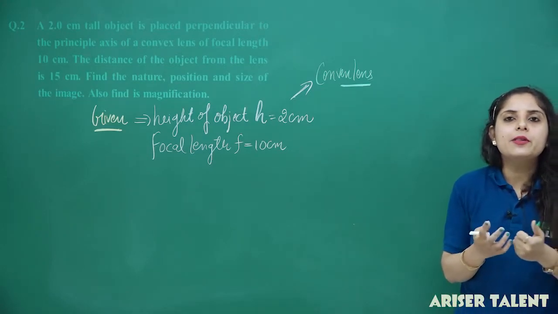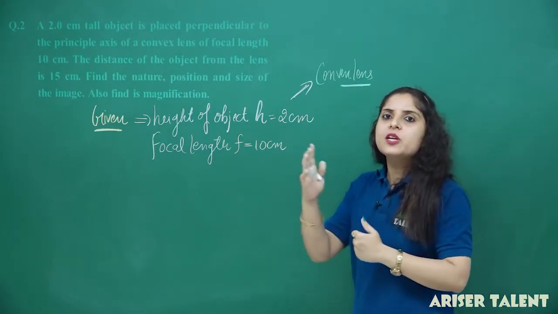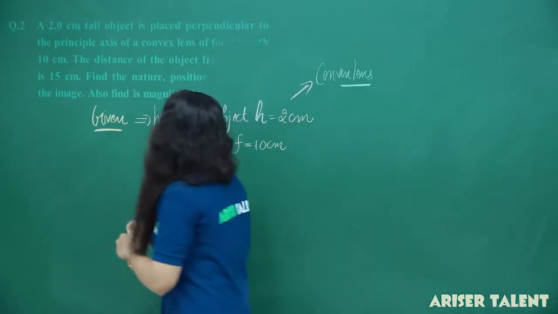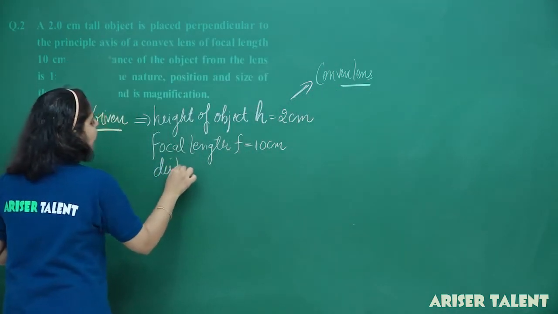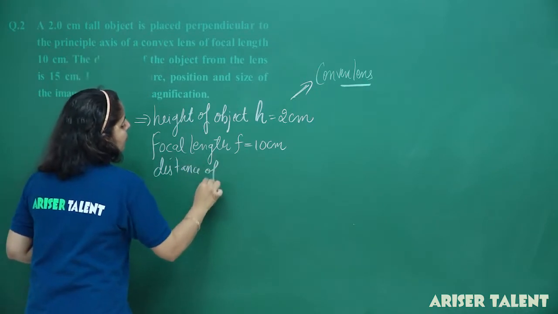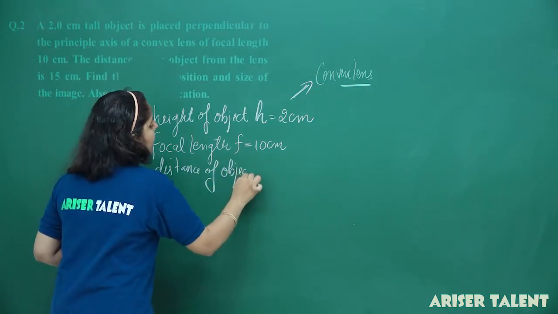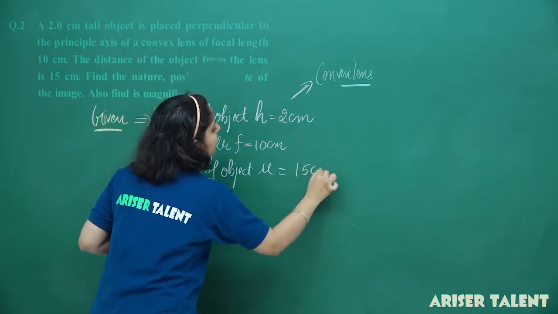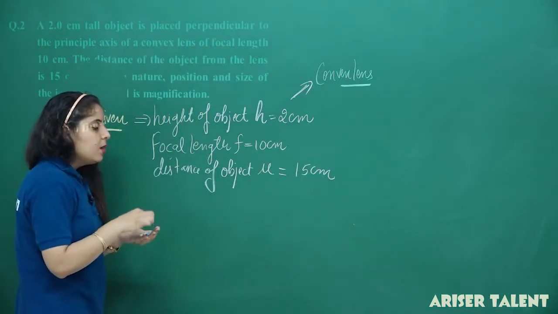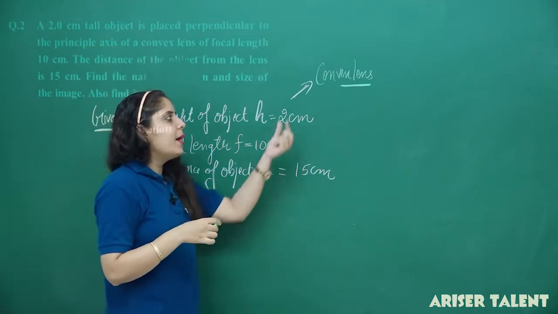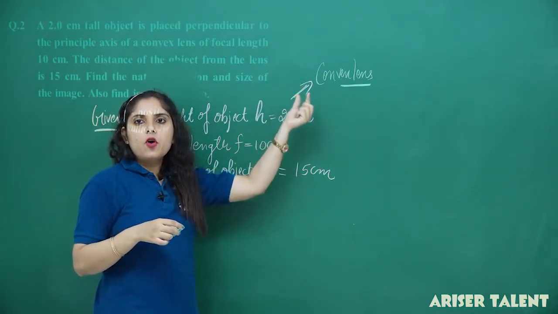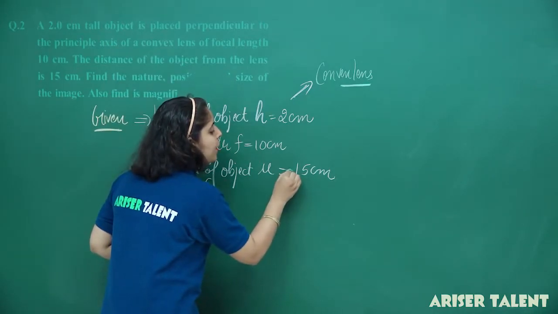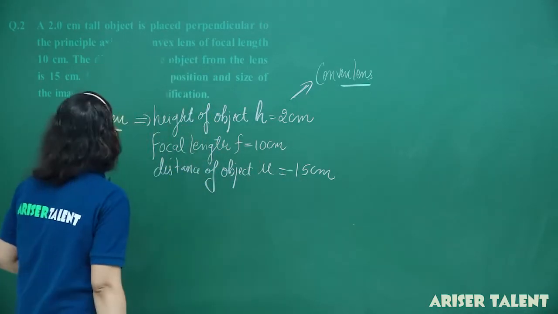So, how will you denote the distance? The distance of an object from the lens is simply denoted by small u. So, the distance of object will be denoted by u and it is equal to 15 centimeter. Now, the sign convention you have to remember is that in case of a convex lens, you have to take the value of u negative. So, u will be minus 15 centimeter in this case.